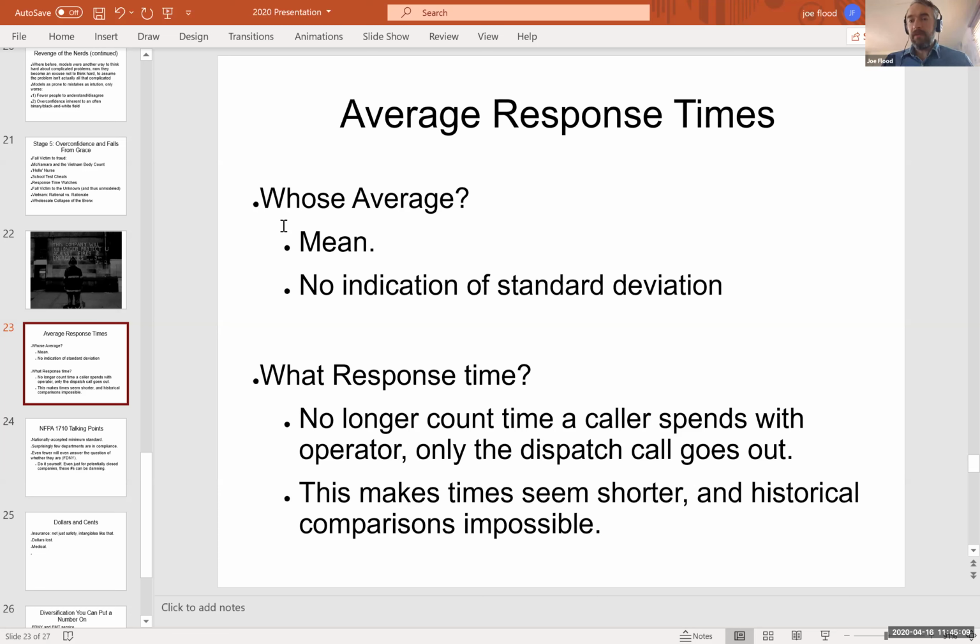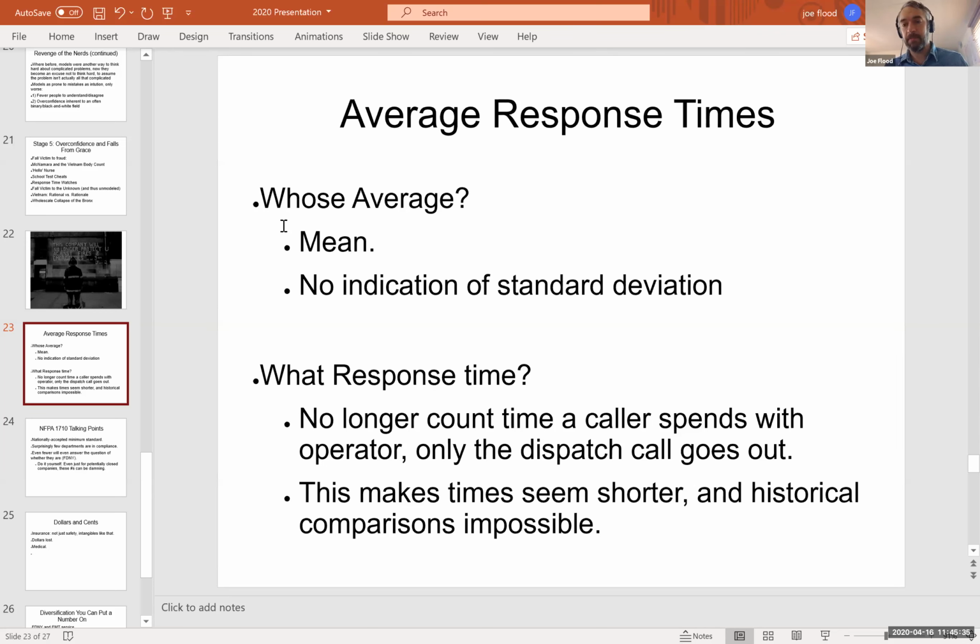Well, if half your response times are 5 minutes and 30 seconds and half are 6 minutes and 30 seconds, you have an average of 6 minutes, right? That's a pretty tight average. That is a small standard deviation, a small Gini coefficient in the math speak.